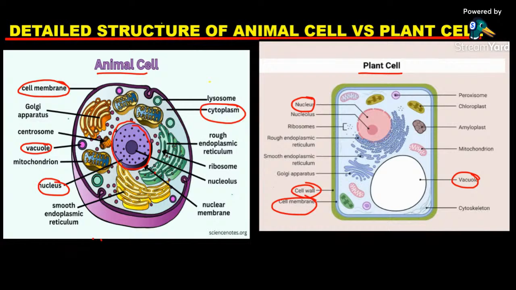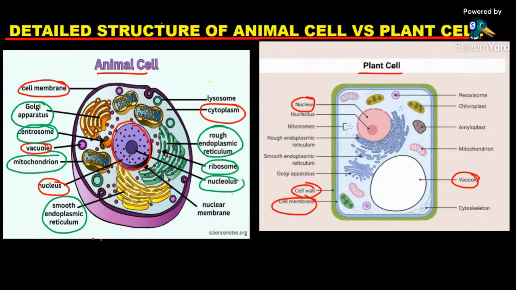For the animal cell, the parts we are coming across for the first time are the Golgi apparatus, the centrosome, the mitochondria, the smooth endoplasmic reticulum, the rough endoplasmic reticulum, and ribosomes. We are also coming across the nucleolus, the nuclear membrane, and of course the lysosome.